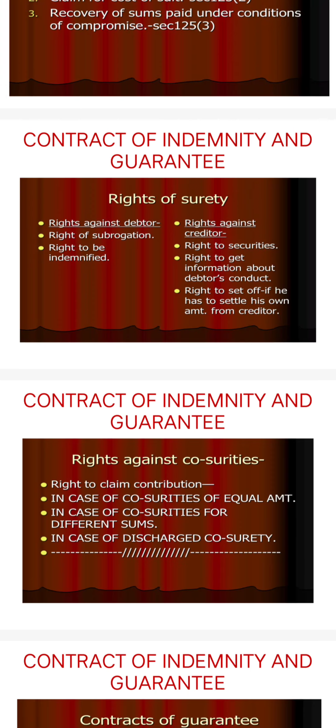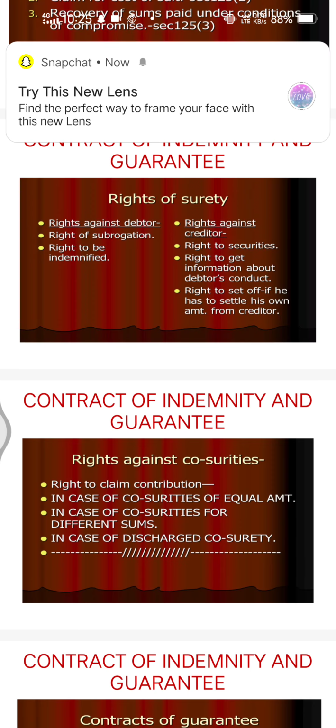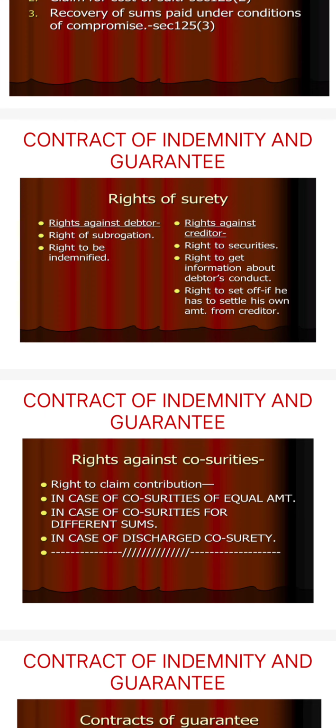The first right is right against debtor, right to subrogation, right to be indemnified, right against creditors, right to security, right to get information about debtor's conduct, right to set off if he has to settle his own amount from creditors.